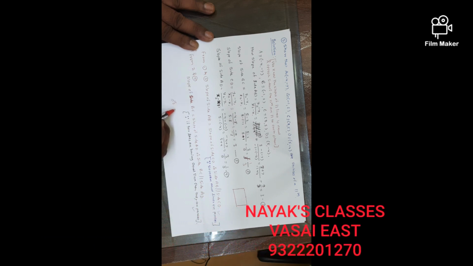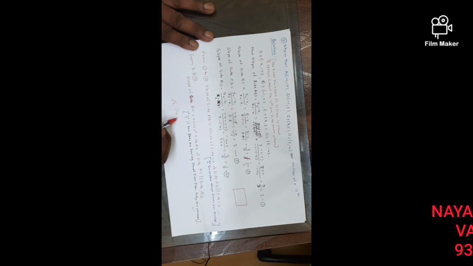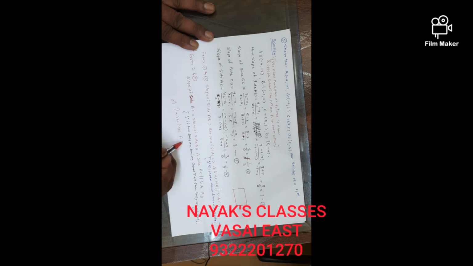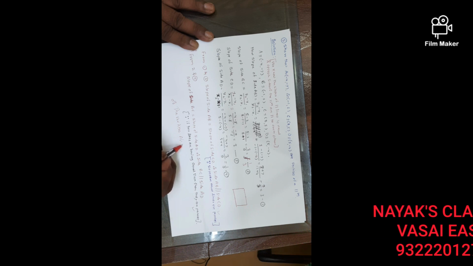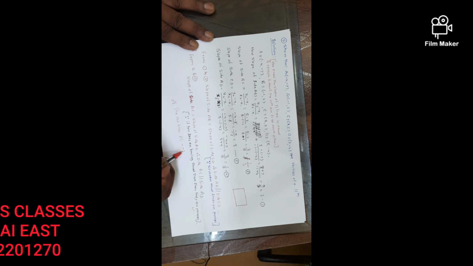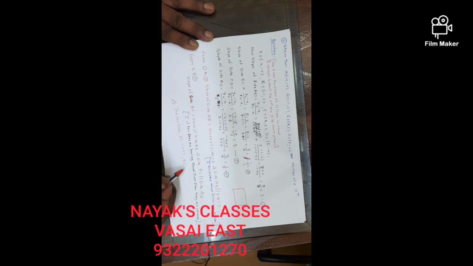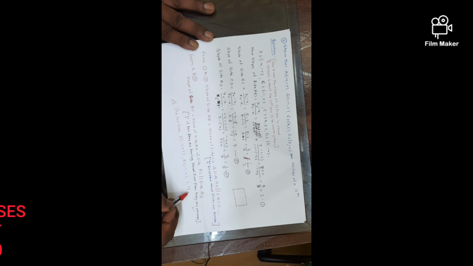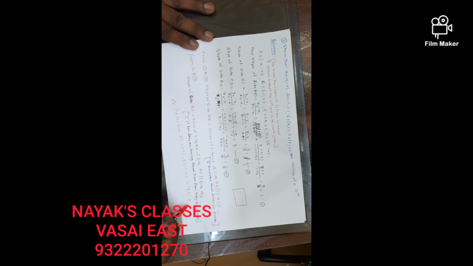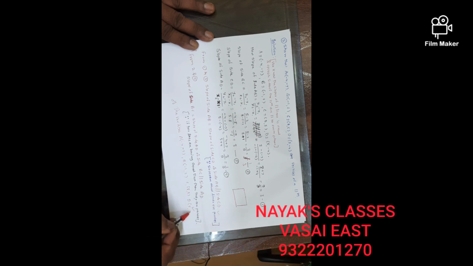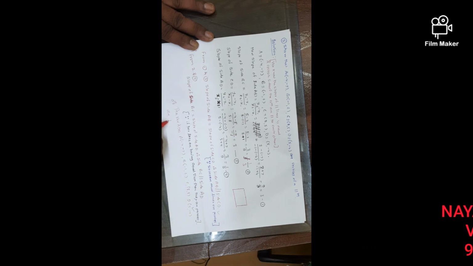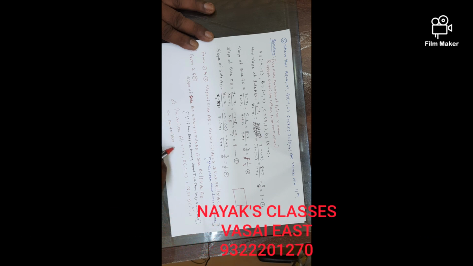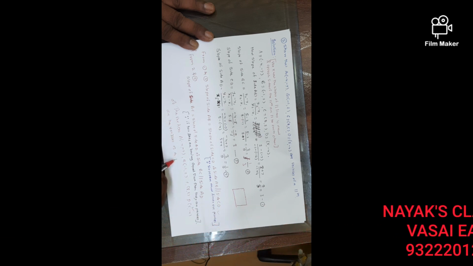Therefore, the vertices A, that is (-4, -7), B, that is (-1, 2), C, that is (8, 5), and D, that is (5, -4), are the vertices of a parallelogram.